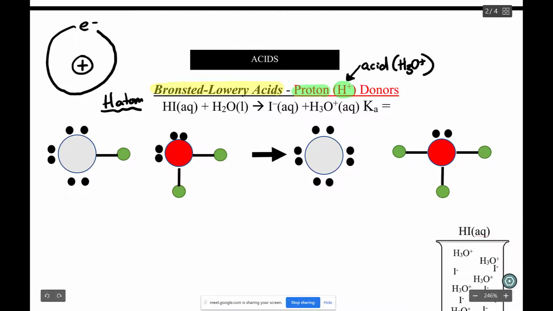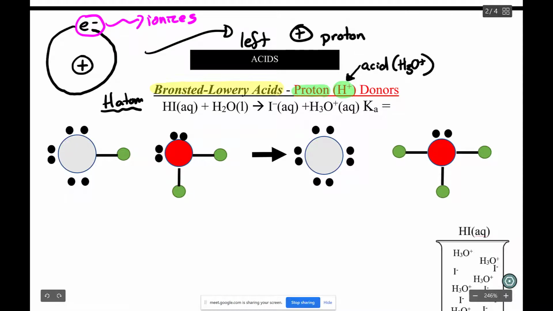There is no neutron in a hydrogen atom. So when a hydrogen atom ionizes and loses that electron, what's left is simply just a proton. That's all that's left. A proton is H+. They are exactly the same thing.